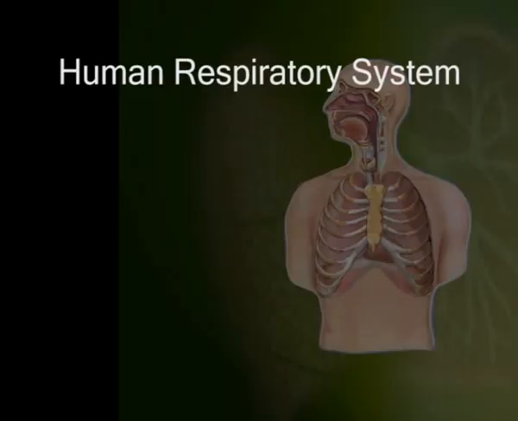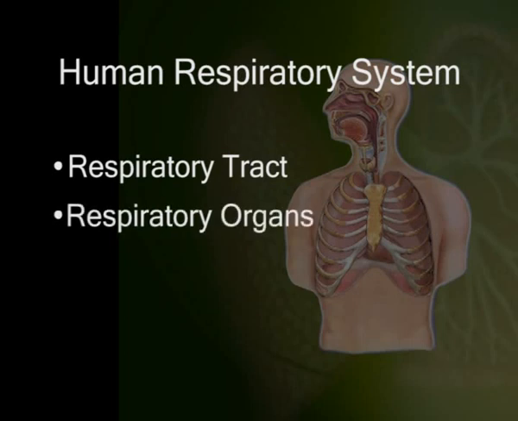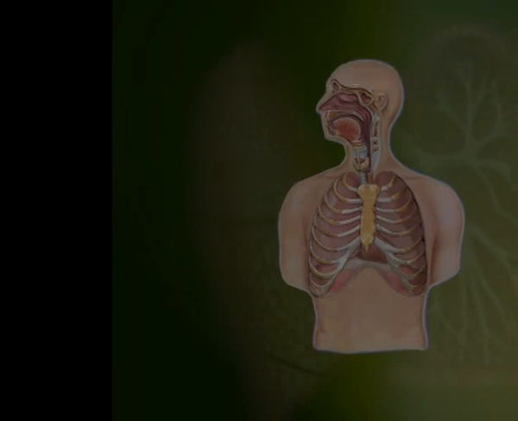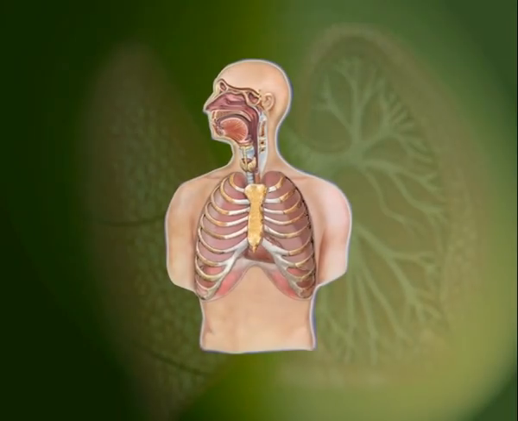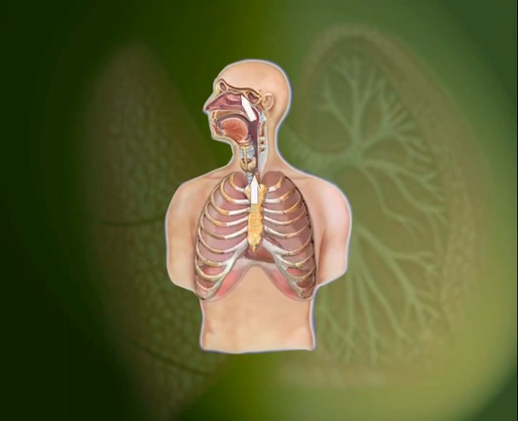Human respiratory system. The respiratory system consists of respiratory tract and respiratory organs, that is lungs. The respiratory tract is passage along which air travels from the atmosphere to reach lungs and for the foul air to return from the lungs to the exterior.